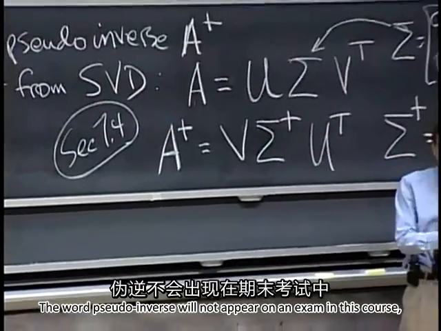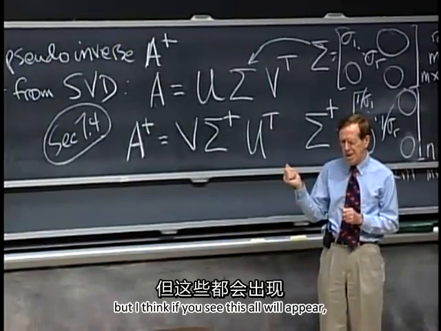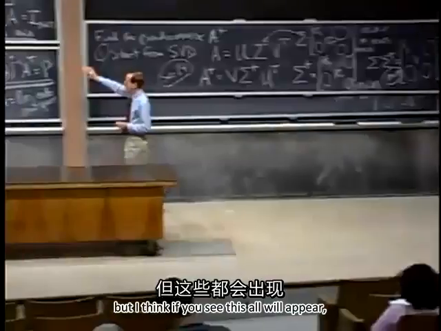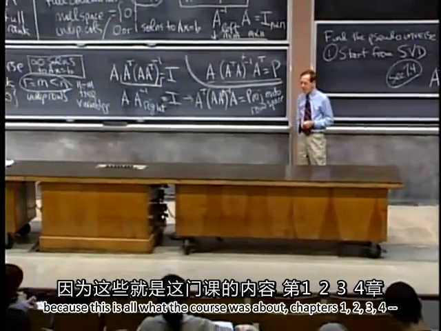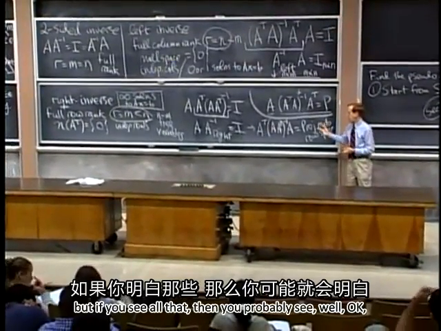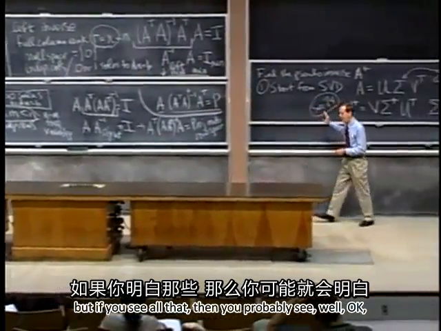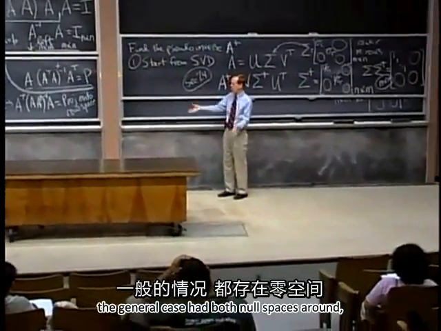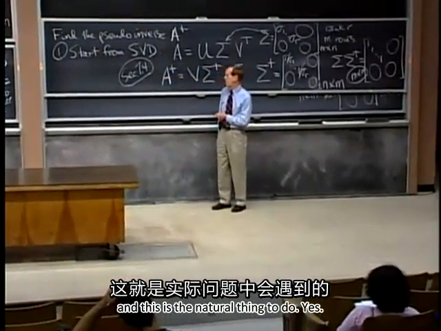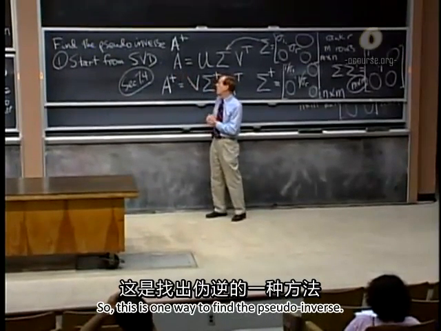The word pseudo-inverse will not appear on an exam in this course, but I think if you see all this, it will appear, because this is all what the course was about, chapters 1, 2, 3, 4. But if you see all that, then you see the general case had both null spaces around, and this is the natural thing to do. So this is one way to find the pseudo-inverse.